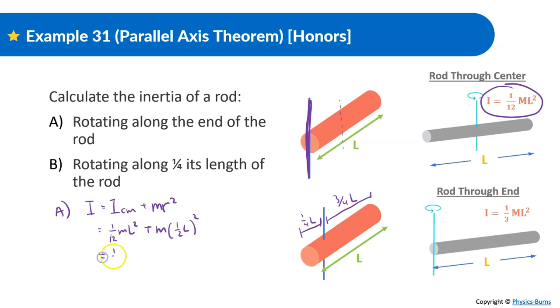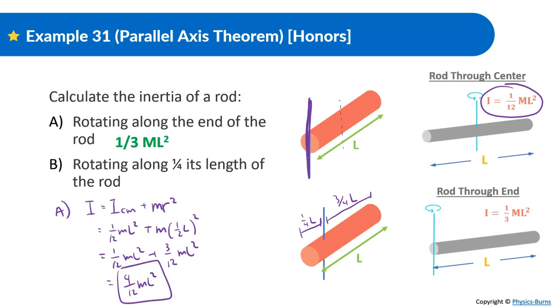So let's simplify further: 1/12 ml squared plus 1/4 ml squared. 1/4 is the same as 3/12. Then this is equal to 4/12 ml squared, or 1/3 ml squared.